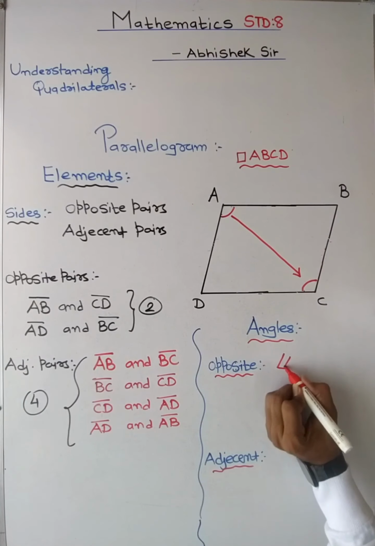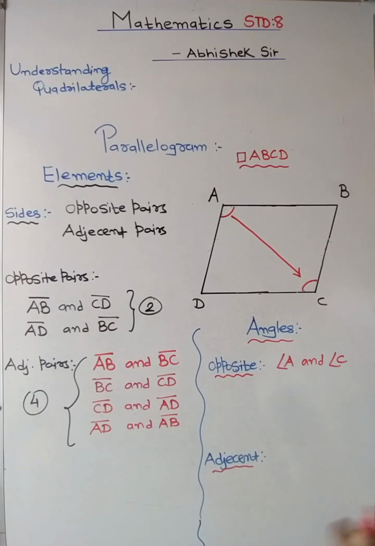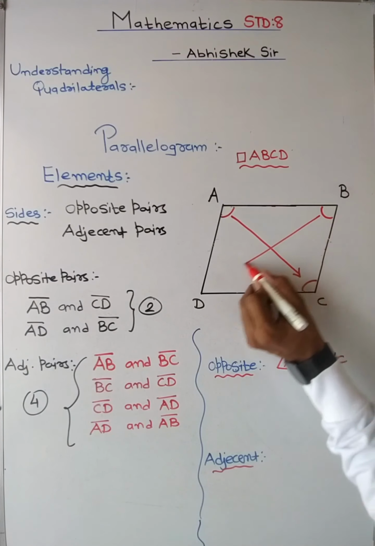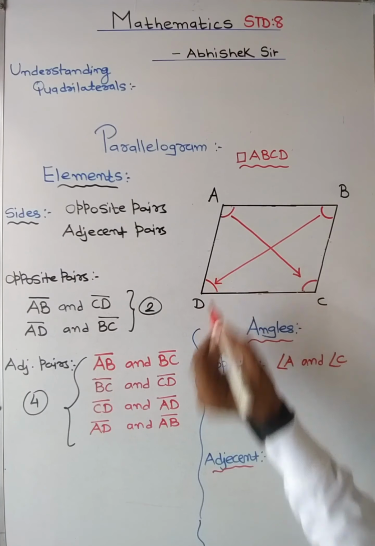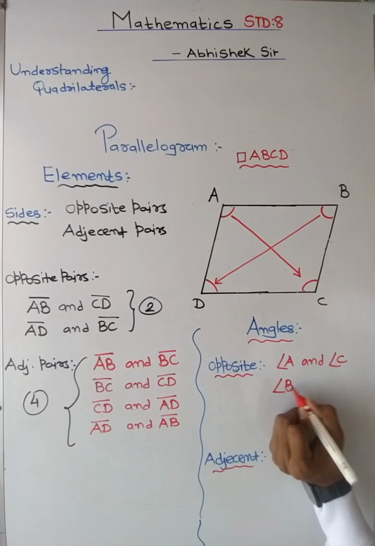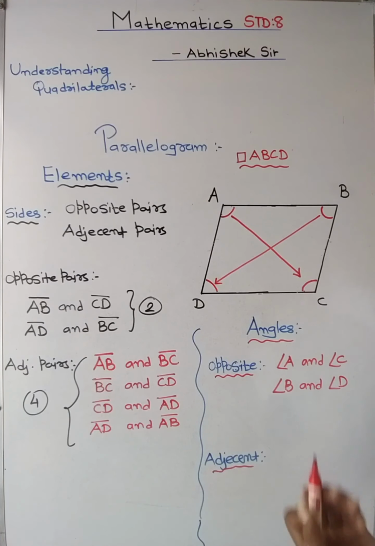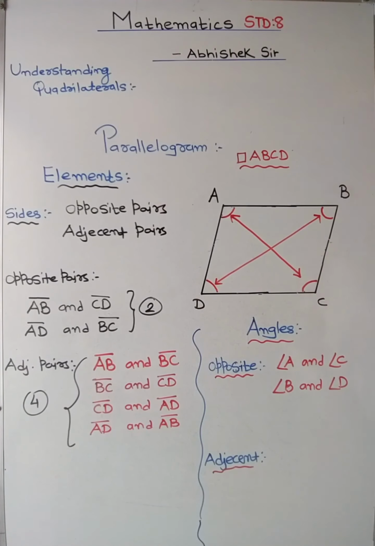So angle A and angle C are opposite pairs, right? Now if you select B and look at the opposite, we will have angle D. So angle B and angle D are the opposite pairs. Clearly you can see they are opposite.